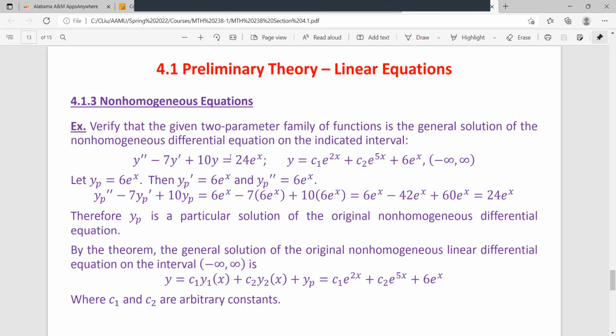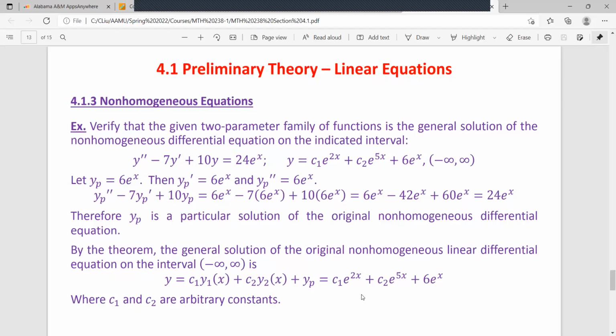So from the theorem, the sum just gives you the general solution of the non-homogeneous equation. Okay. So that's the whole thing about this example.